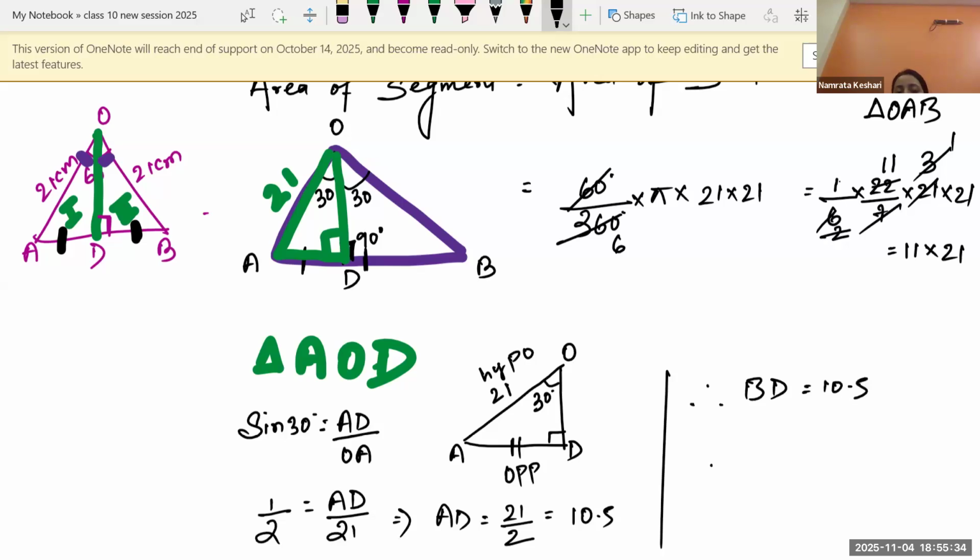And from here we are going to get the complete side length AB. AB is nothing but AD plus BD, that is 10.5 plus 10.5, that is 21 only, right? Is it clear? Yes, ma'am. Okay.